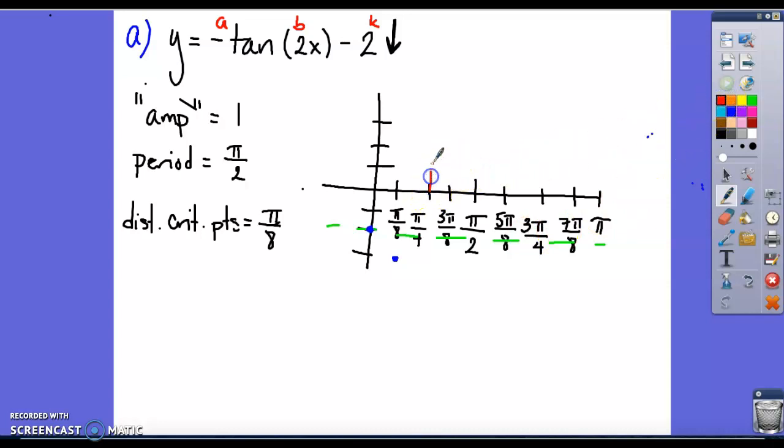Then I've got an asymptote. Okay, and now I'm going to keep going. At my next critical point, I should be 1 point above the midline. At my next critical point, I'm on the midline. And then at my next critical point, I'm 1 unit below the midline.